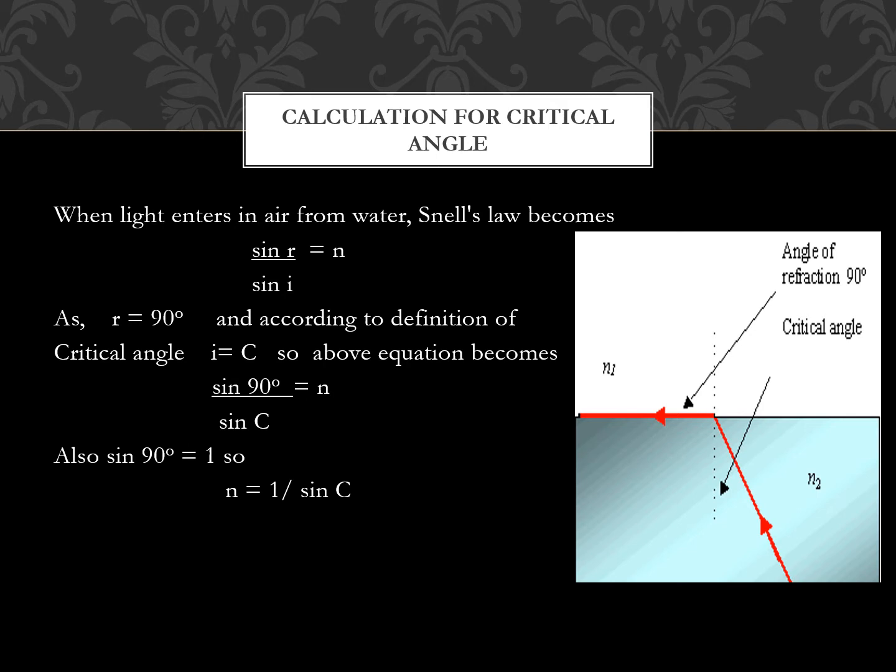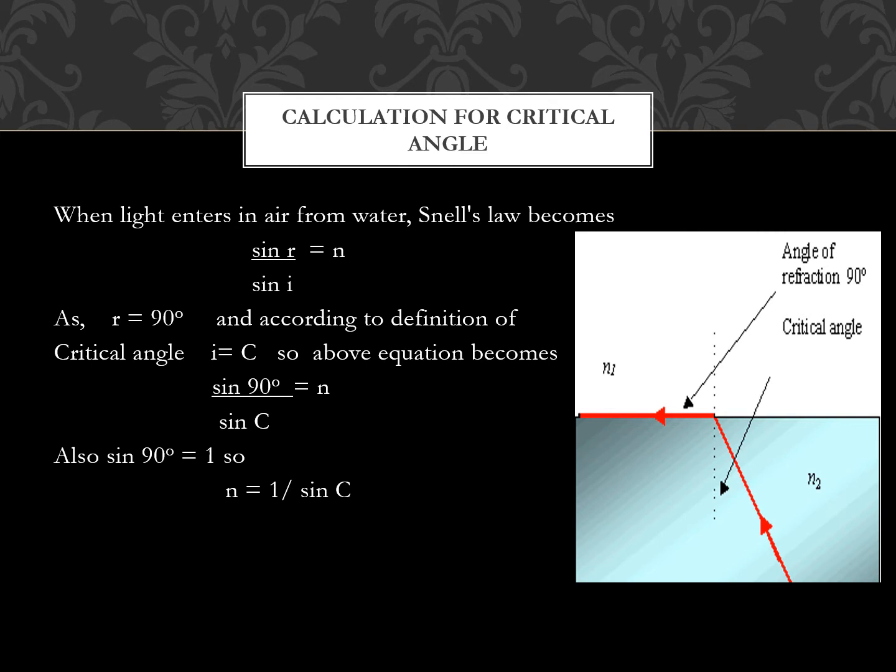As we know, the angle of refraction in the rarer medium is equal to 90 degrees, and the angle of incidence becomes equal to the critical angle. So i is equal to C and r is equal to 90 degrees. Now by substituting these values in the equation, we have n equals sine 90 divided by sine C. We know sine 90 is equal to 1.